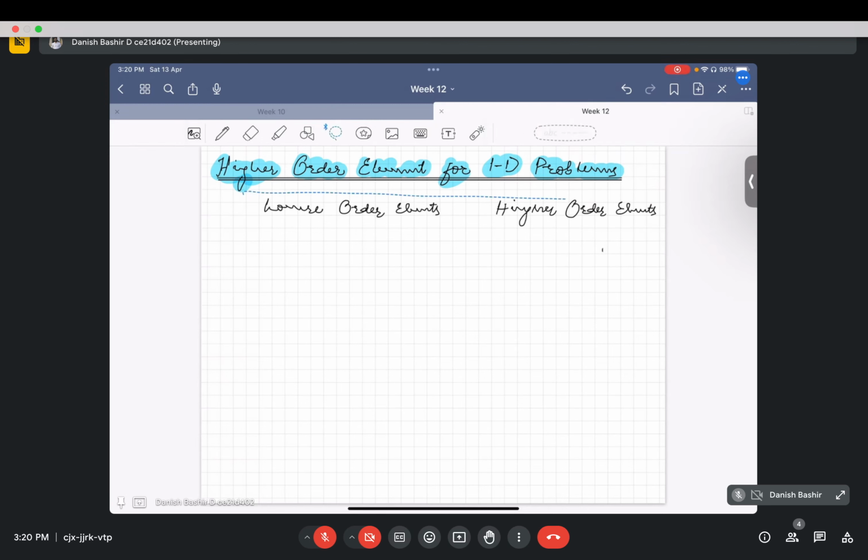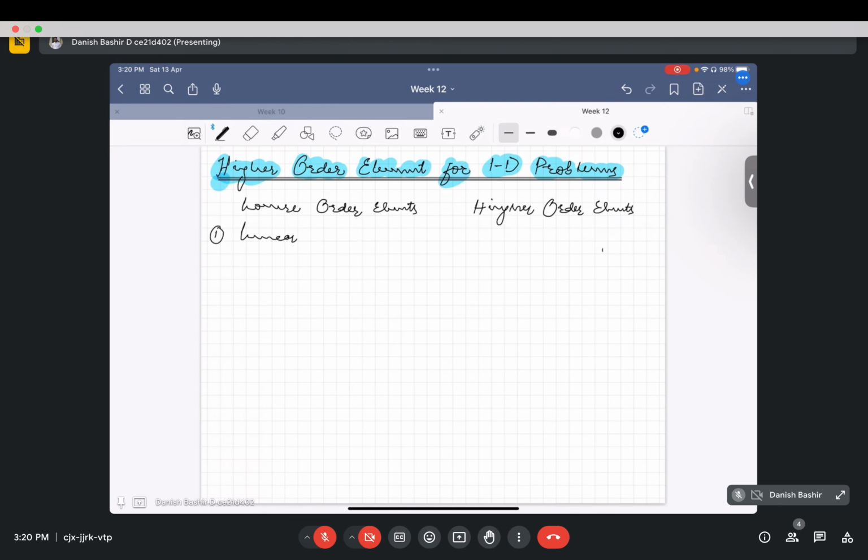So what happens is that in lower order elements we assumed a linear trial solution for the element. Here, the first point will be that we will assume a quadratic or higher order trial solution for the element.